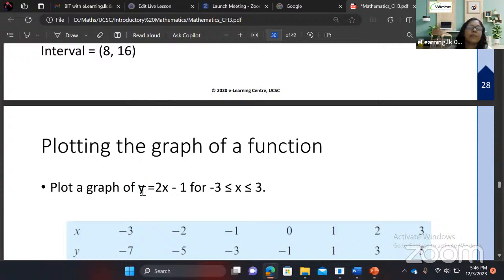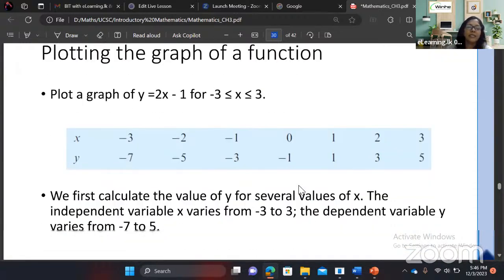Therefore, we say y is the dependent variable, x is the independent variable. Here the range for x is given as minus 3 less than or equal to x, less than or equal to 3. Then you can find the values in between minus 3 and plus 3, including minus 3 and plus 3.